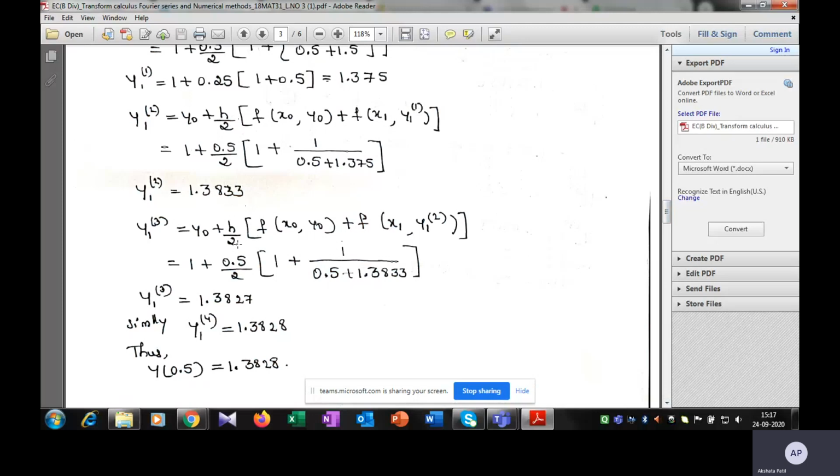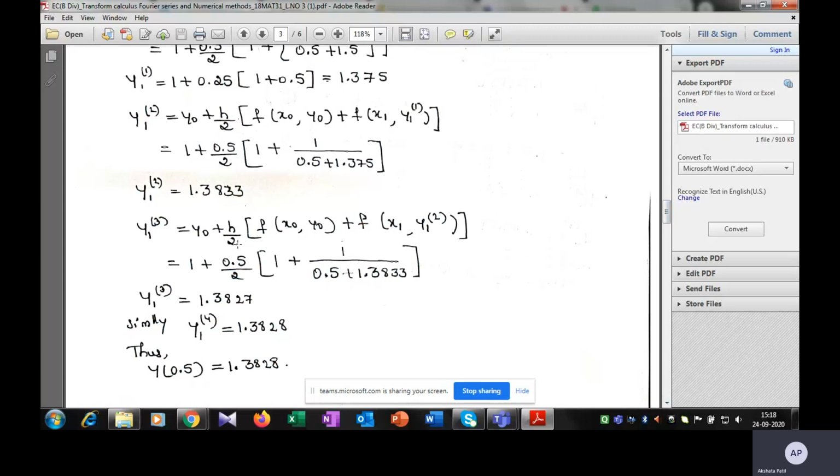Once again introduce the given differential equation, which is in the form 1 divided by x plus y. Here x is x1 and y is y1 of second approximation. So we get 1 divided by 0.5 plus the y1 of second approximation value, 1.3833. Simplified, you will get y1 of third approximation as 1.3827.